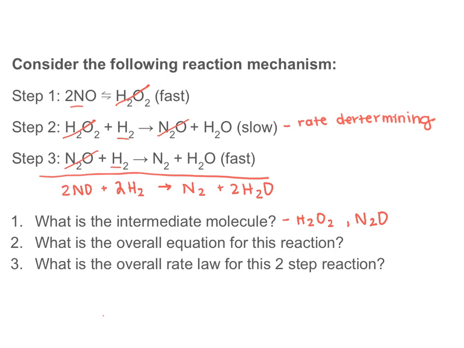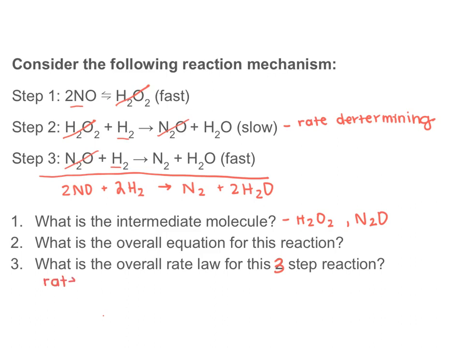So now I need to know the overall rate law for this 3-step reaction. So when I look at this problem, I'm going to use the slow step to get started first. So I'm going to, since it's an elementary process, write my rate law based off of the balanced equation.